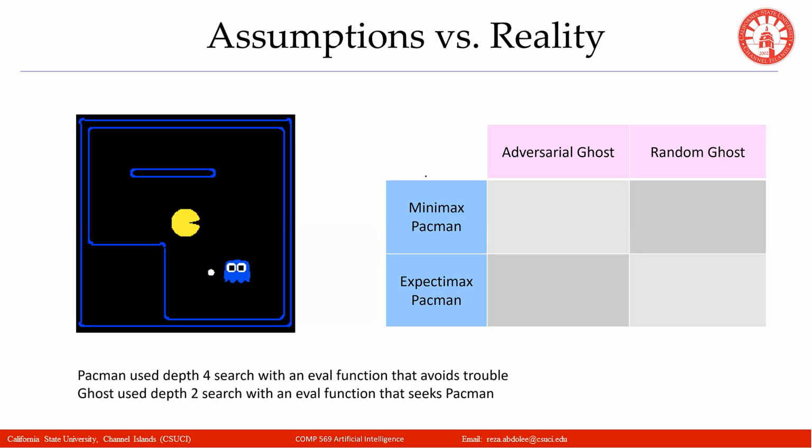We have a Pac-Man that plays against an adversary. One is the adversarial ghost, and the other one is a random ghost. So let's run these 4 different cases and see the score after each run.